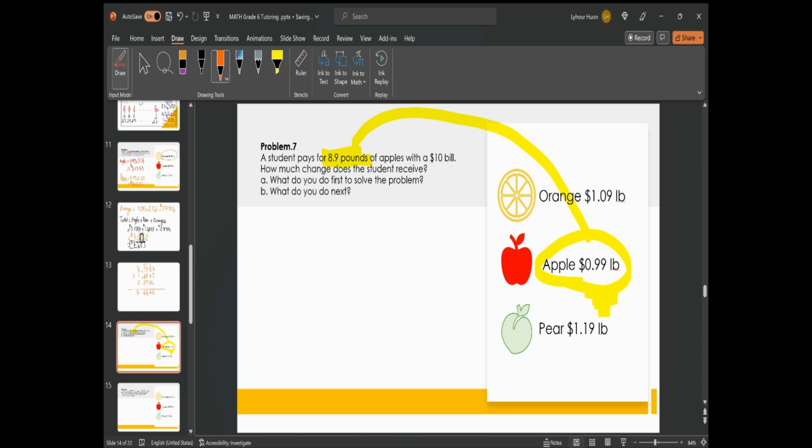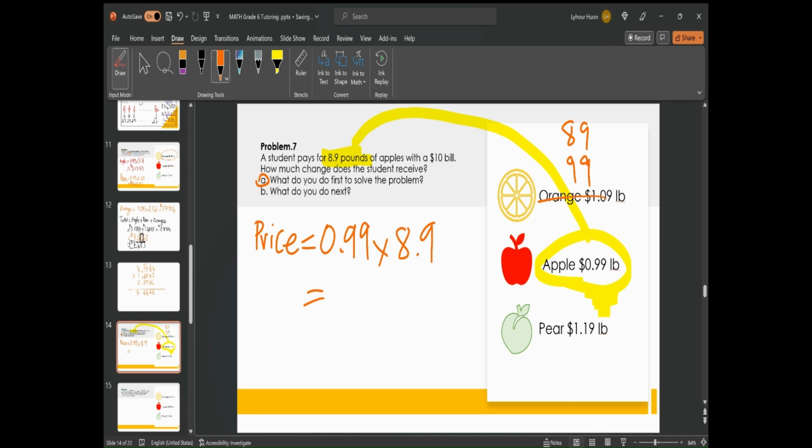So first of all, for question A, what do we need to do first? We want to know the price of the apple, right? So the price will be 0.99 times 8.9. Maybe I'll do it so we can proceed faster.